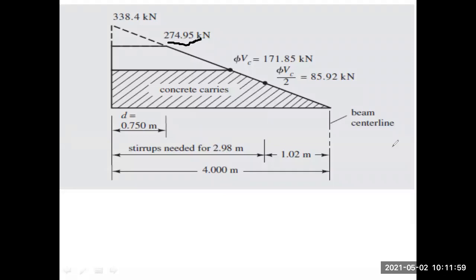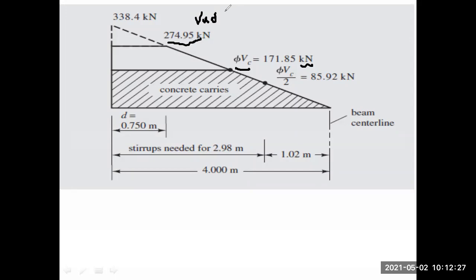So what we do, we usually calculate phi VC, and we know what phi VC is about, and we get phi VC is equal to 171 kilonewton. So if phi VC is 171 and VU at d, or VUD, is 274, what does it mean?